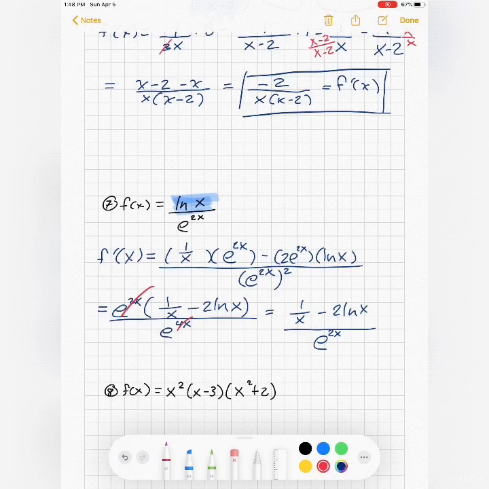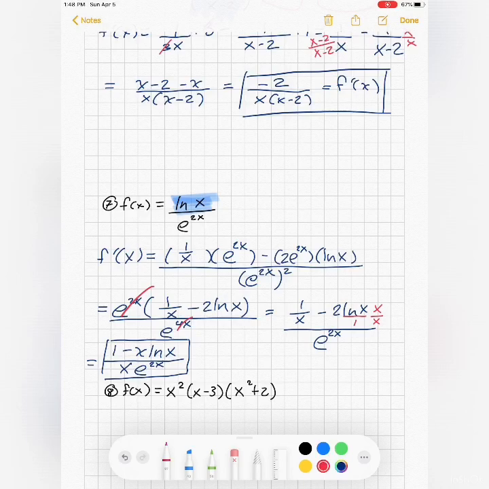I don't know. Maybe an LCD, I guess, multiply this by x over x. Let's see what that gives me. 1 minus x ln x over x e to the 2x. That looks good to me.